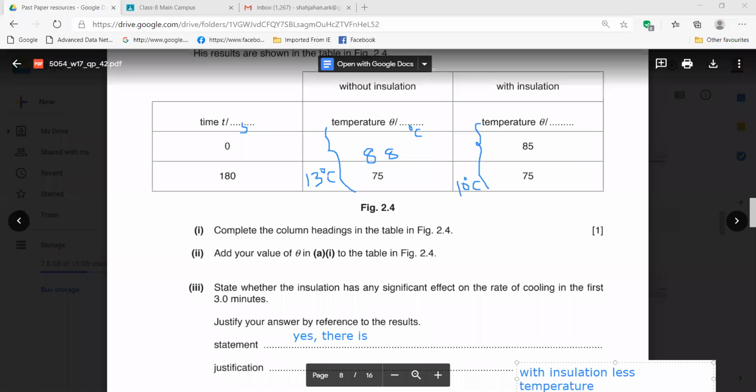Sir, here we got with insulation a 10 degrees Celsius temperature fall in 3 seconds, right? Yes, in 3 minutes, or 180 seconds. With insulation, less temperature fall in the same time. You can write in the same time.